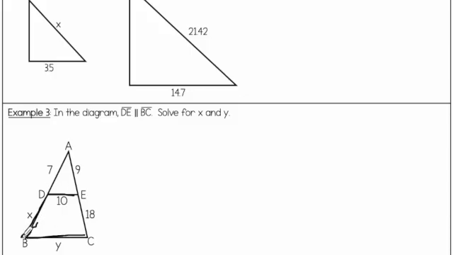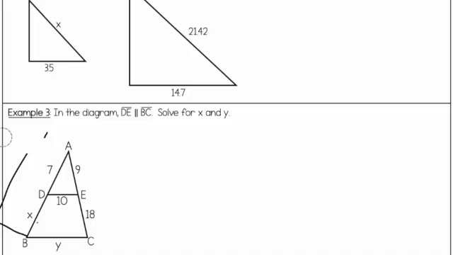There's a couple of different ways we can do this. We can set it up where we're using whole sides, but then you have to use an equation with x where you'd have 7 plus x as the length of AB, because AB is 7 plus x, just like AC is 9 plus 18.